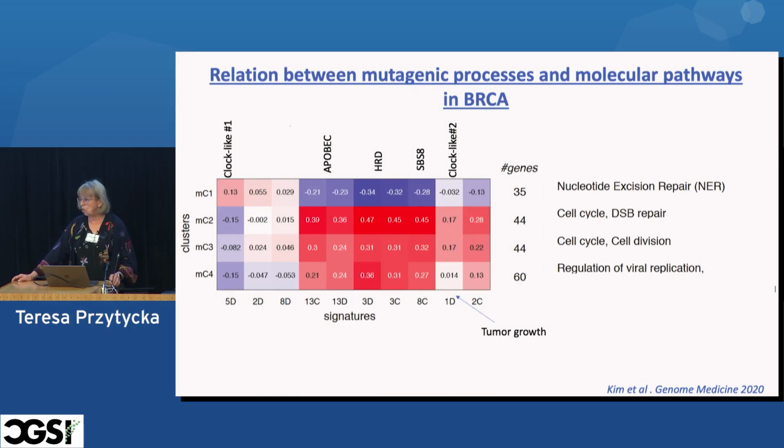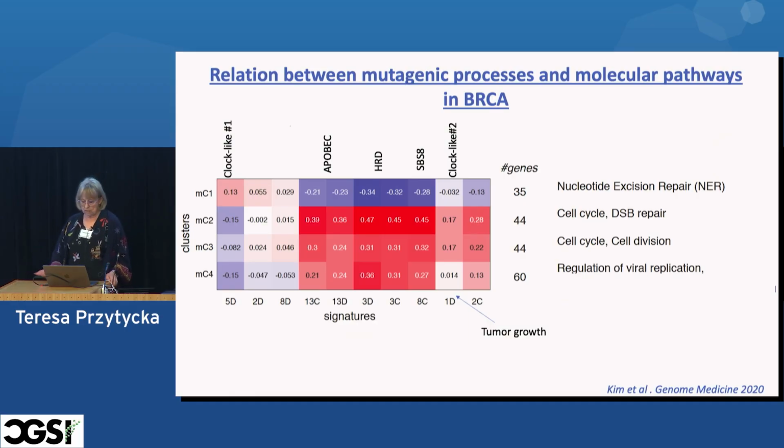Now, that method was only partially successful, especially in terms of identifying DNA repair mechanisms. This is the result of the method applied to breast cancer data, whose characteristic property is that quite a lot of signatures are observed in this data.